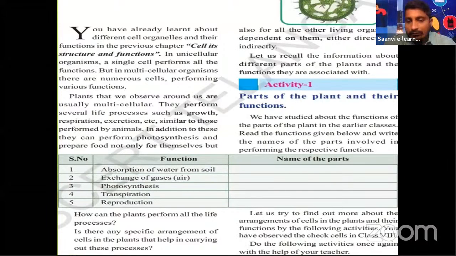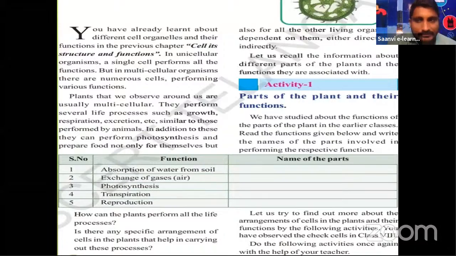In unicellular organisms, there is only a single cell to perform all functions, to perform several life processes, growth, respiration, excretion. In multicellular organisms, there are many cells. That's why we can see the division of labor.